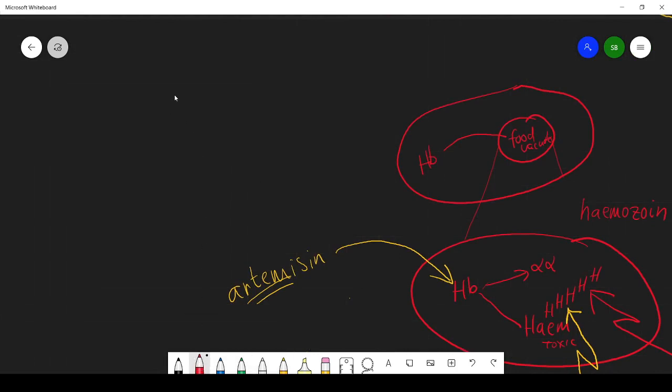So the malaria parasite, just like us, needs to use folate to convert folate into, sorry, not dihydrofolate, it's tetrahydrofolate, which then is used to make the purines that you need to make DNA.